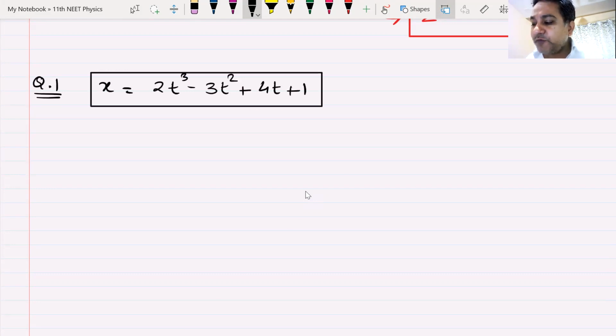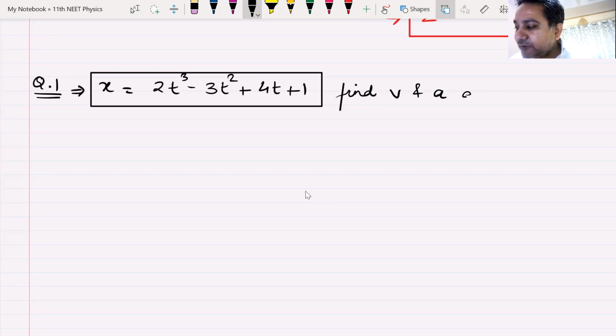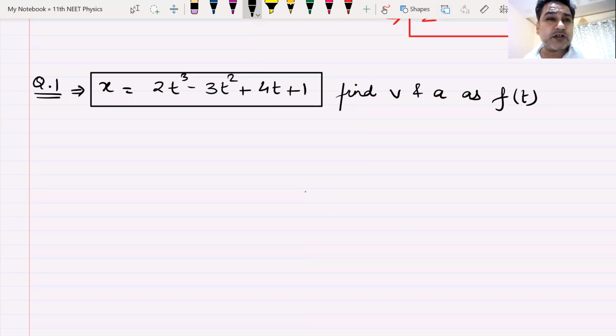A particle is moving along x-axis. Its x-coordinate is given by this equation. Find velocity and acceleration as a function of time. So that is the first question. You have to find velocity and acceleration as a function of time.